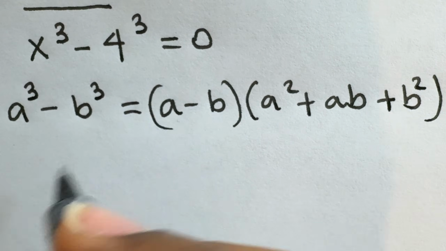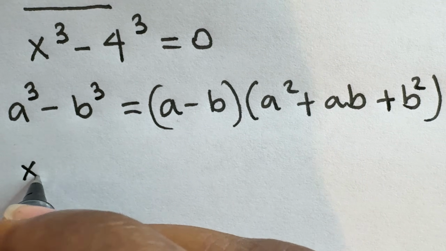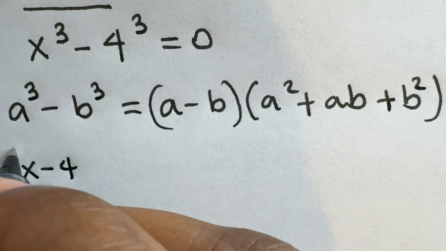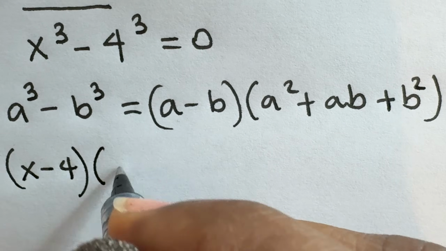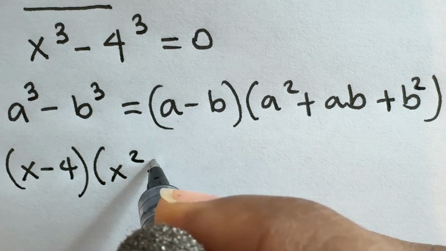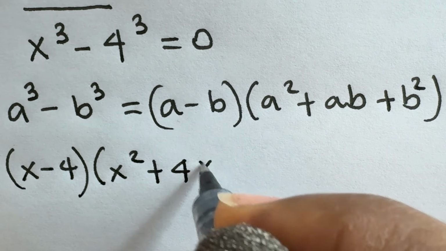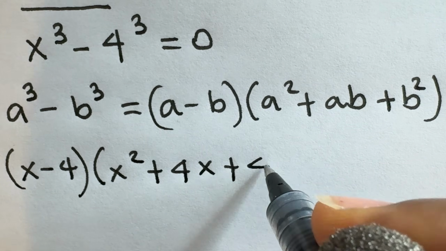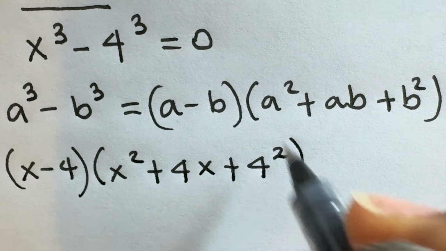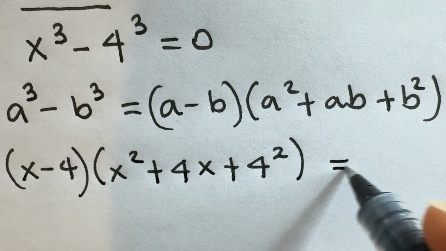Therefore, this will become x minus 4 into bracket x squared plus 4x plus 4 raised to power 2. Remember, this is equal to 0.